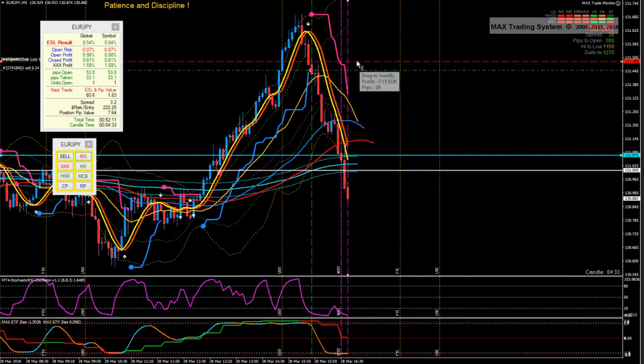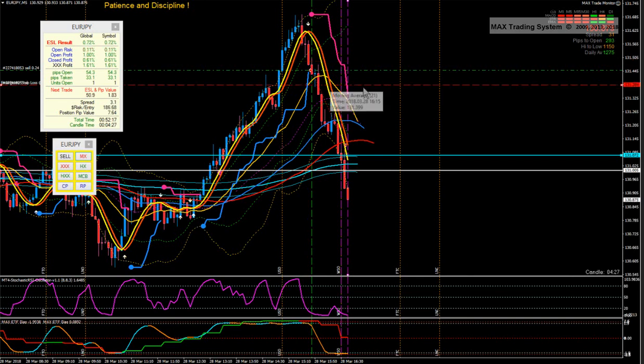I can tighten further my stop loss, and now I am also making a profit on the open unit. I'm looking at 0.11%, so 0.1% profit on my second unit. This means that now the minimum profit I have locked on this trade is 0.72%, almost 0.75%. Okay.